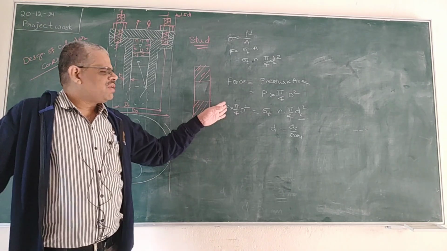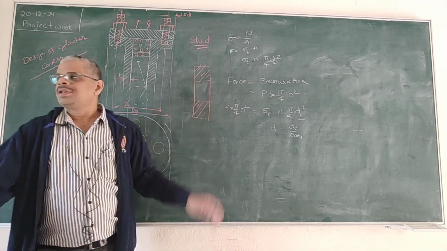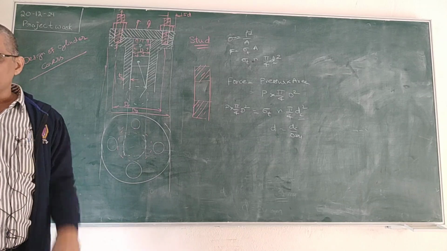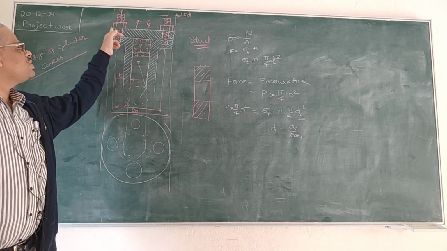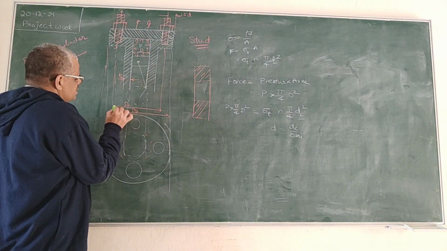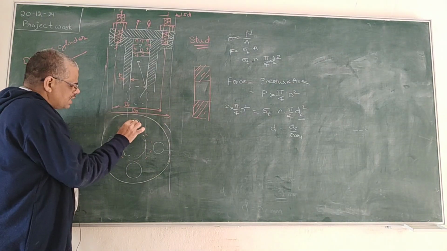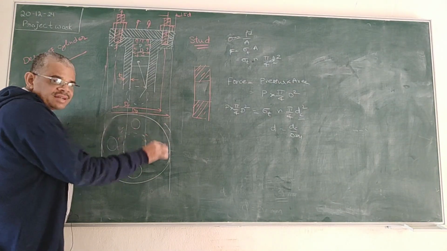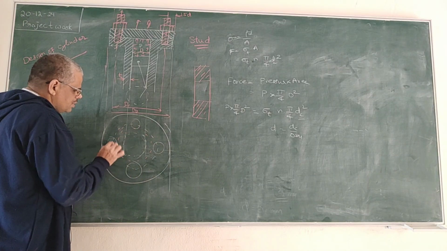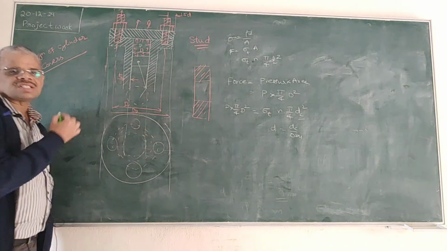So, our aim is to design a cylinder cover joint, not only a single bolt. For the purpose, you have to determine all the dimensions. See, if you observe, the dimension says here this is DP. All the bolts are arranged in a circular form. Along this circle only all the studs are arranged.